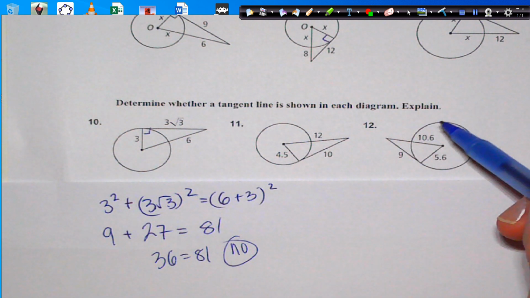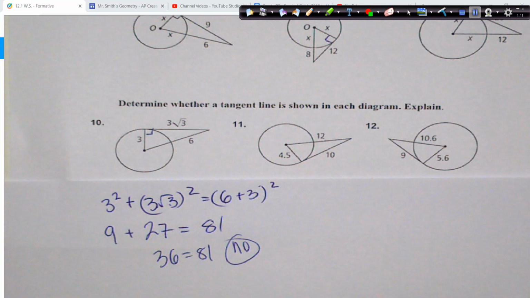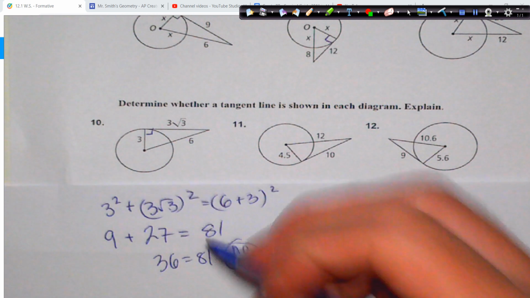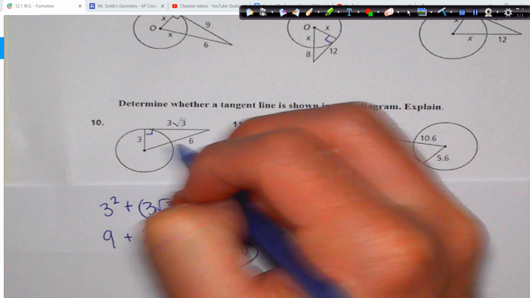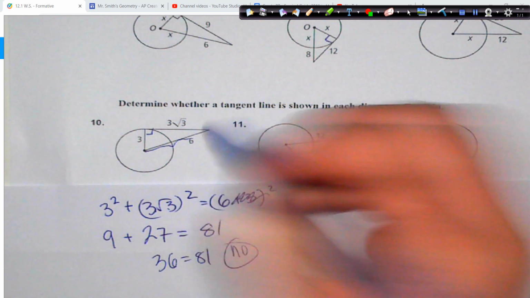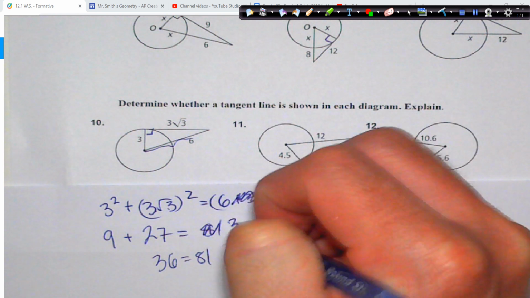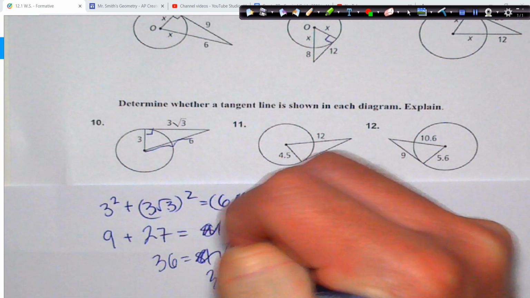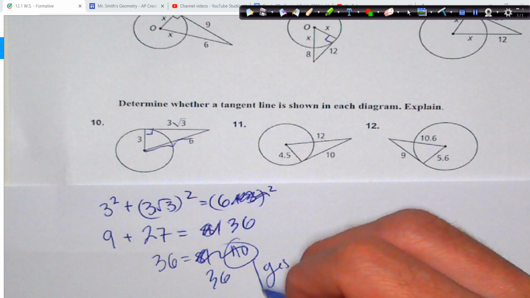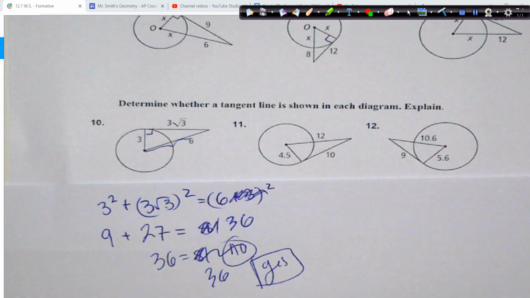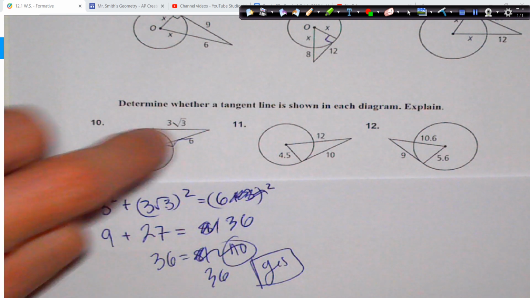I'll have to double check that. Okay, so I take it back. The 6 is referring to the whole thing. I apologize. Since 6 is referring to the whole thing, then we do get 36, and 36 equals 36, so the answer is yes. Okay, sorry about that. Alright, double checked. We're good. So 6 was referring to the whole thing.